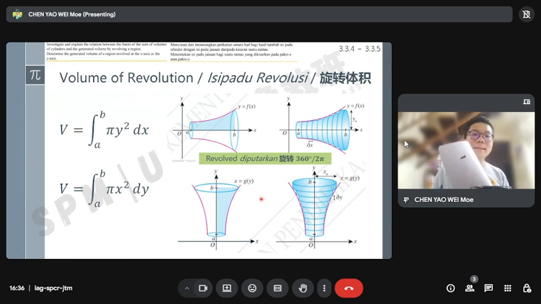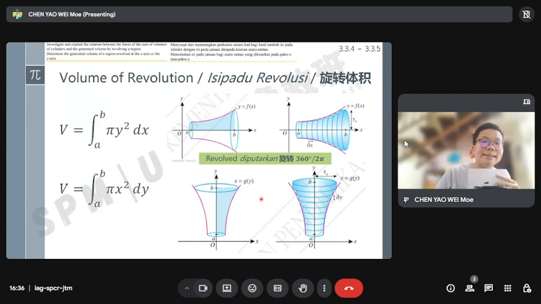Here is 3.16. What does that mean? The curve is like this, and my center is here. The question asks you to find the volume of revolution of 360 degrees. I rotate 360 degrees.